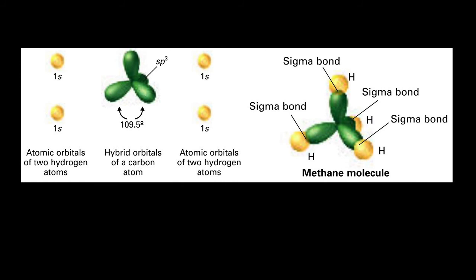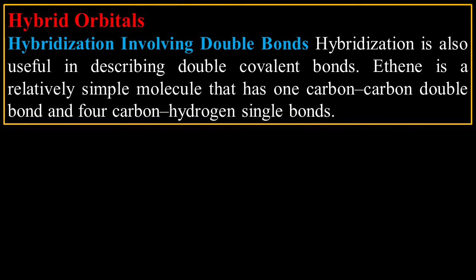They are going to overlap and form these four sigma bonds of the methane molecule, creating four very stable bonds. It just so happens that oxygen will readily combine with methane, but the bonds are stable.